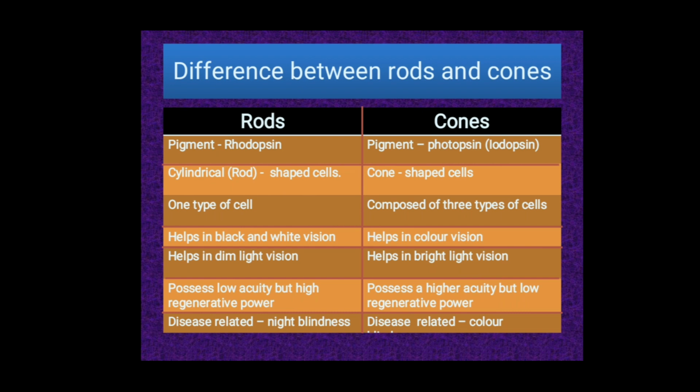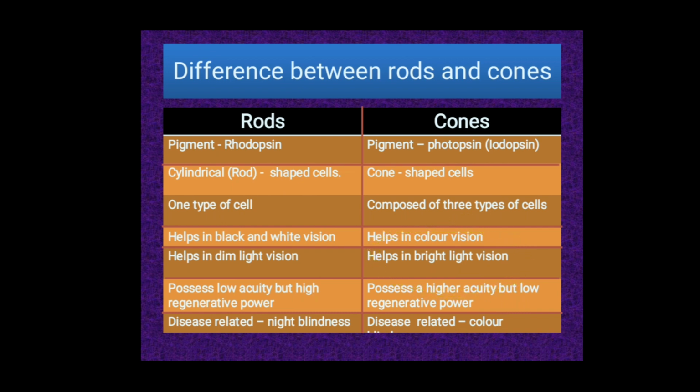Rods, as the name indicates, are rod shaped or cylindrical in shape. Cones are conical in shape. The pigment present in rods is rhodopsin and in cones it is photopsin or iodopsin. Only one type of cell is present in rods but three types of cells in cones. Rods help in black and white vision and are active during dim light, whereas cones provide color vision but are active only in bright light.